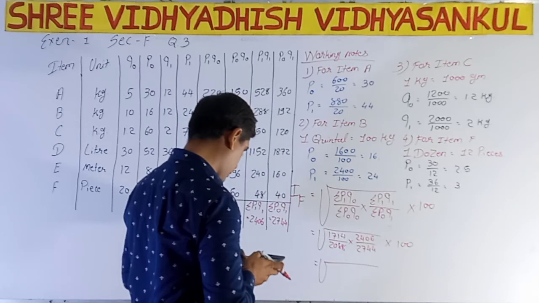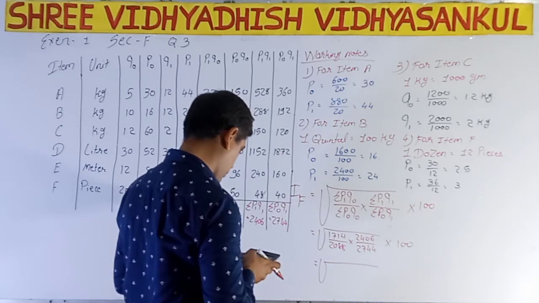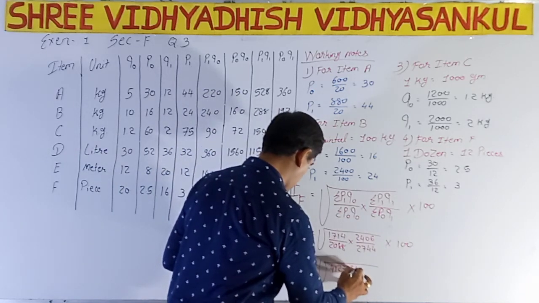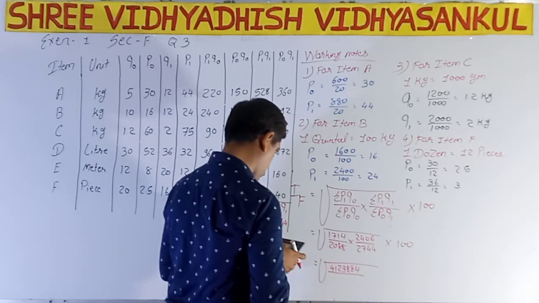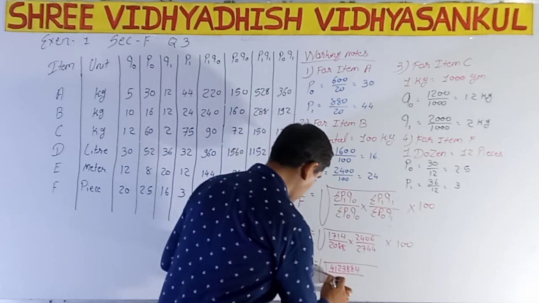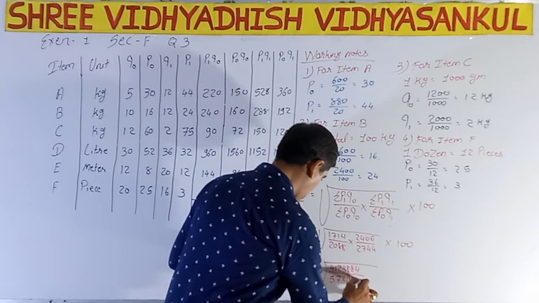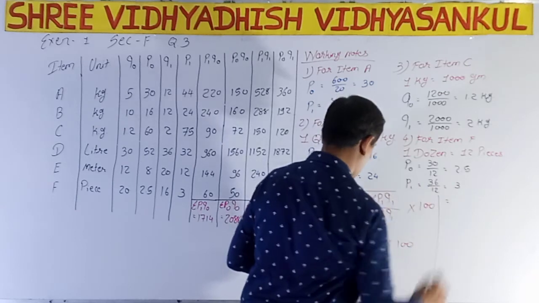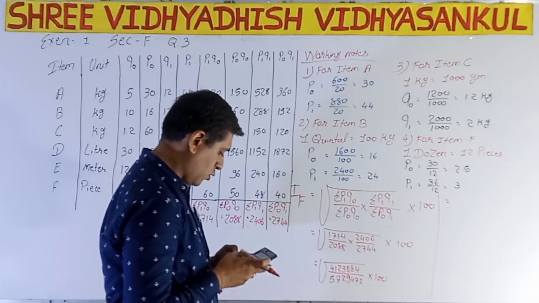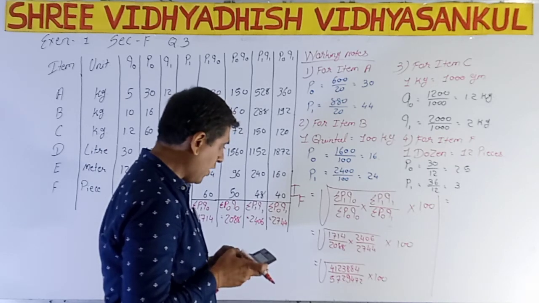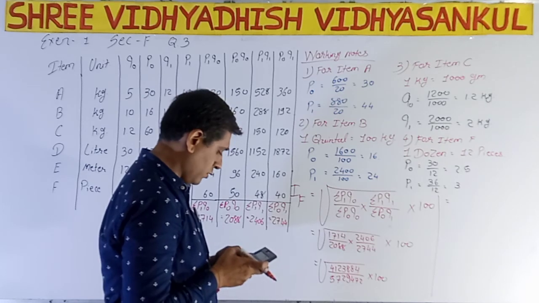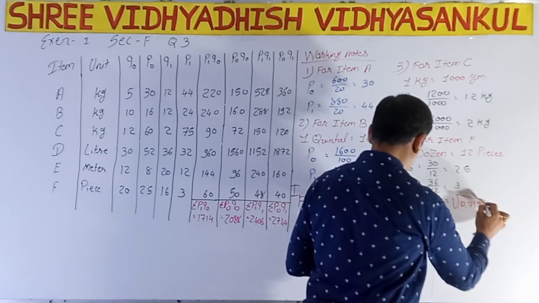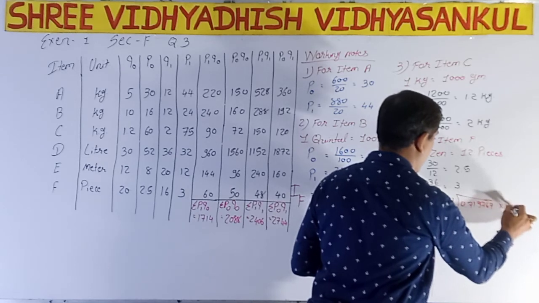So here, dividing, 4123884 divided by 5729472, that is 0.719767 into 100.